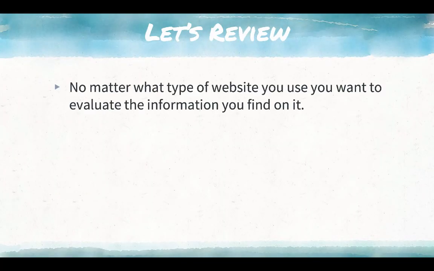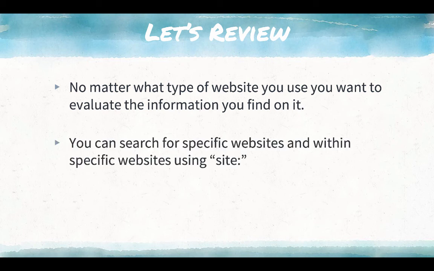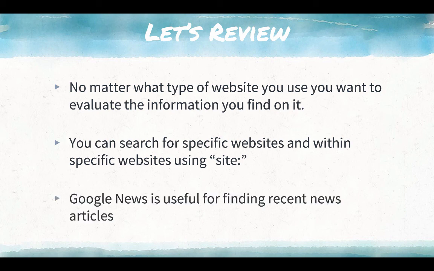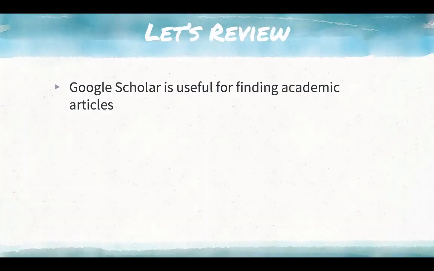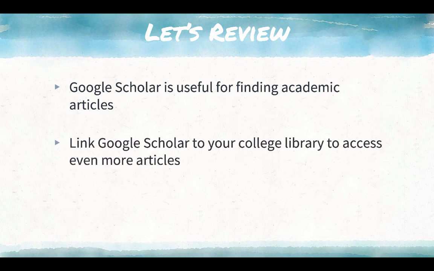No matter what type of website you use, you want to evaluate the information you find on it. You can search for specific websites and within specific websites using site:. Google News is useful for finding recent news articles. Google Scholar is useful for finding academic articles. Link Google Scholar to your college library to access even more articles.